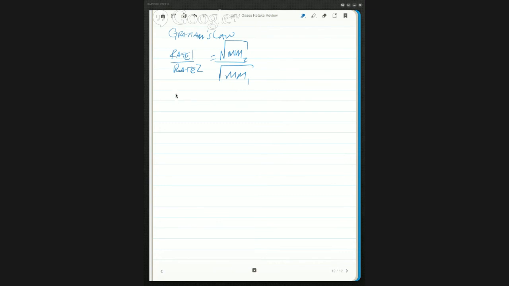So that means that whatever gas 2 is, it's a heavier gas and it's slower. And whatever gas 1 is, it's lighter and it's faster, okay? So you can see that they're kind of flipped around there.